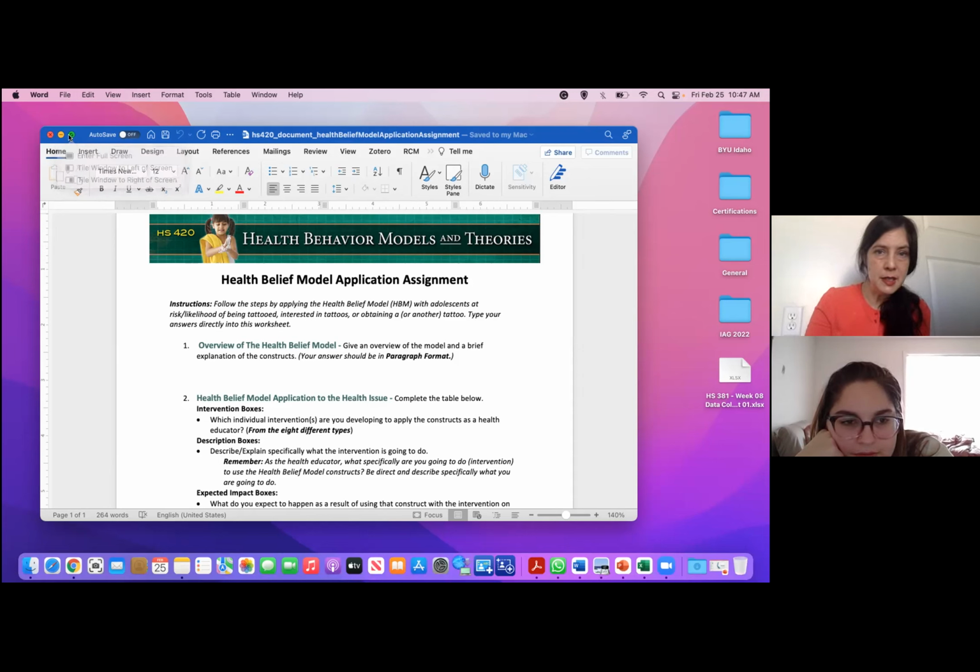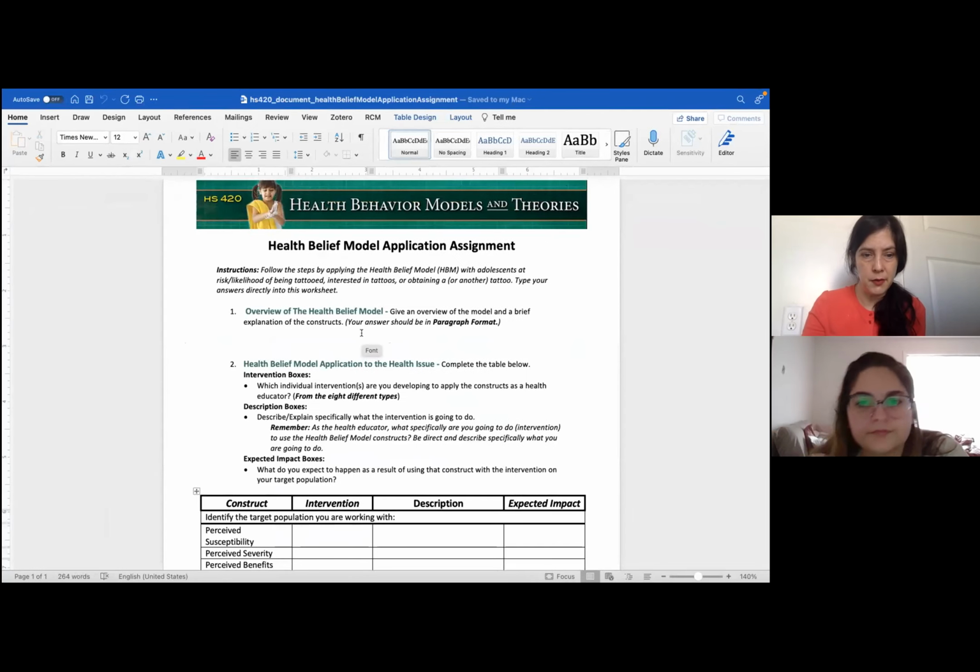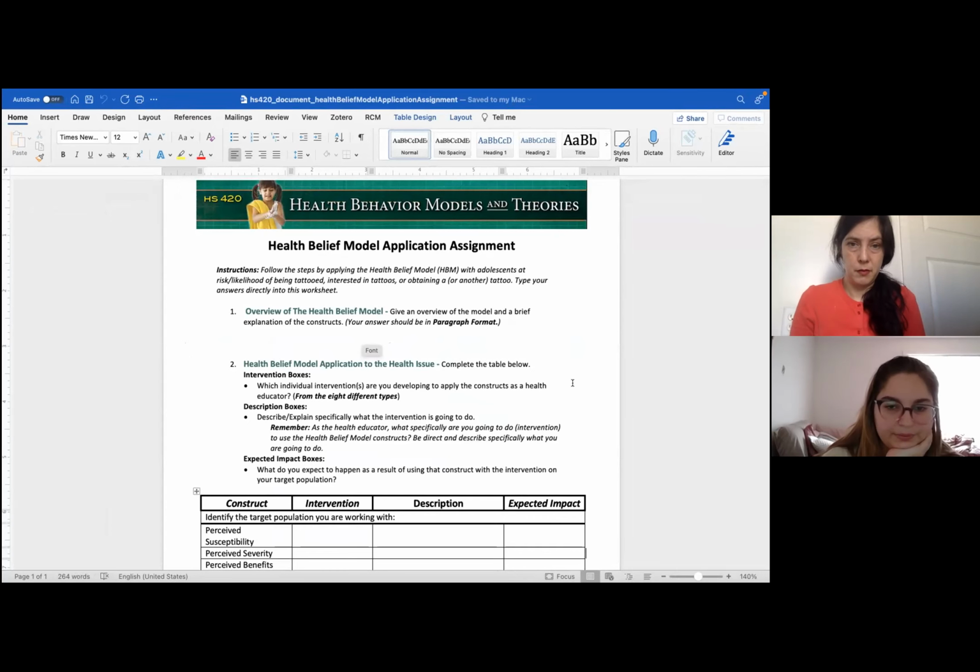So here it is. I don't know if you can see it. Yeah. So follow the steps by applying the health belief model with adolescents at risk or likelihood of being tattooed, interested in tattoos, or obtaining another tattoo. Type your answers directly into the worksheet.